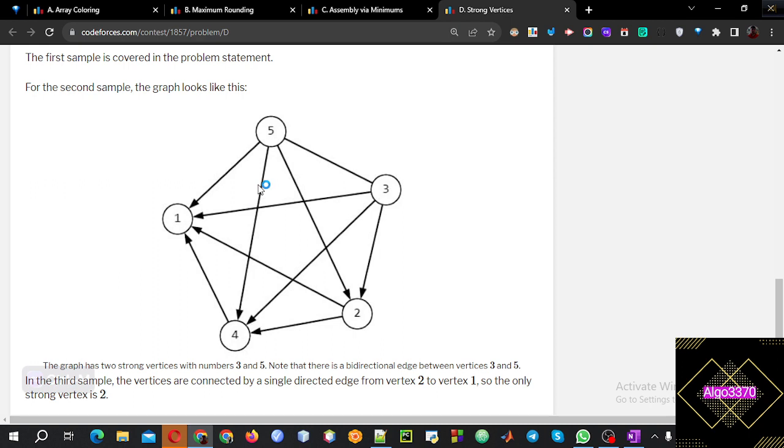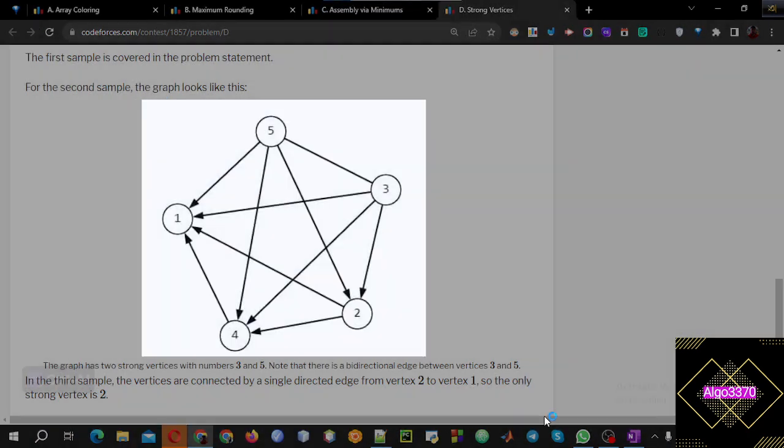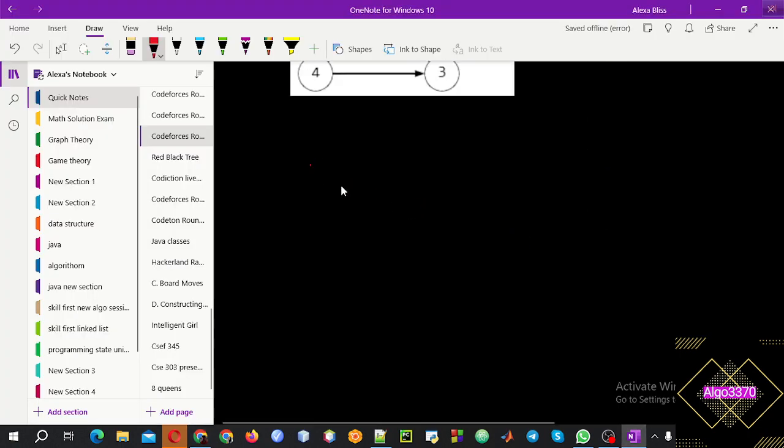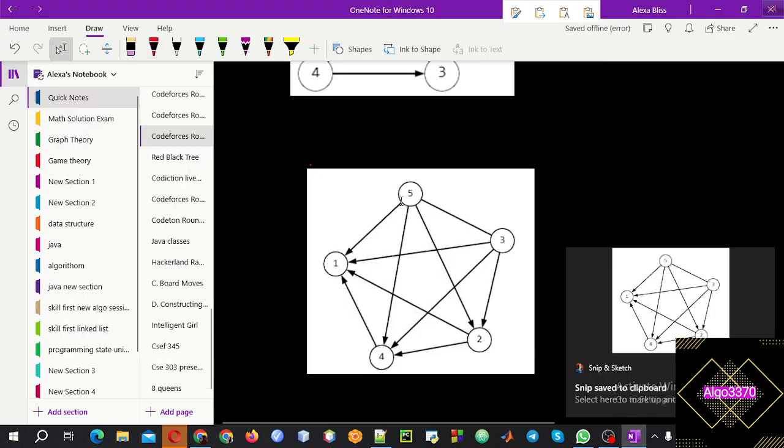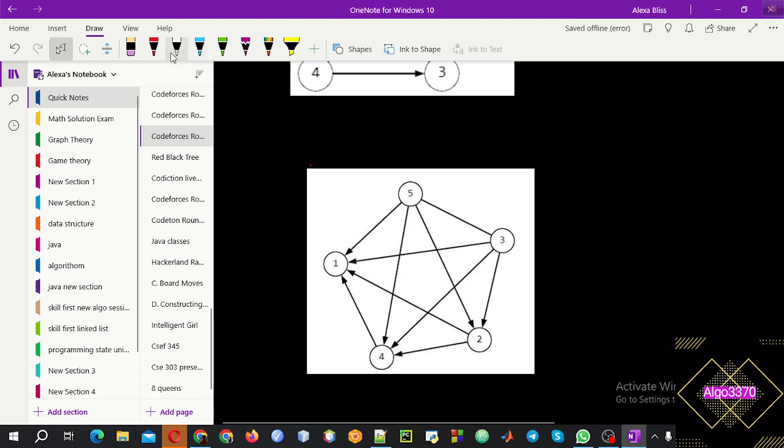How many strong vertices do we have here? If we pick 5, then all other vertices get a path, so one is 5. Here we take a snap from here. 5 is connected with 1, 3, 4 and 2. And 3 is also strong, because 3 is also connected with 1, 4, 2 and 5.